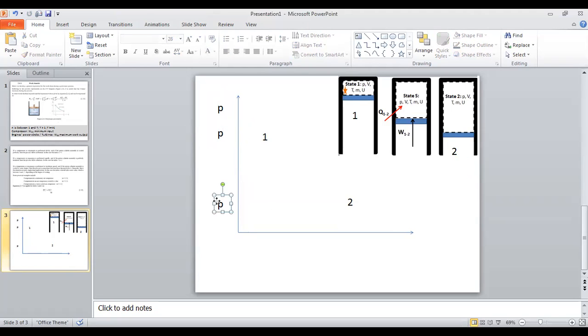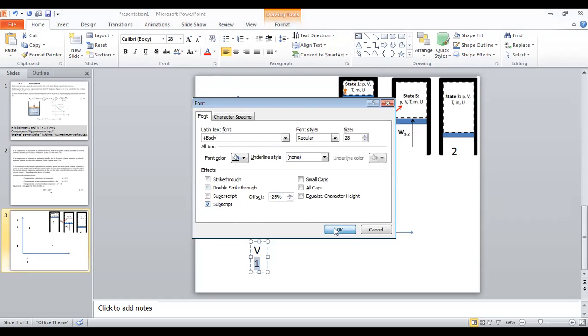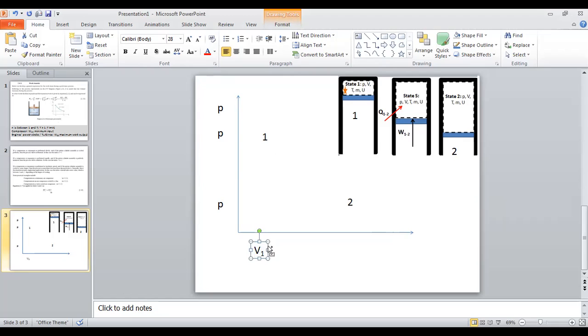And the same way your volume, initially smaller volume, let's say V1, and this may change to V2.